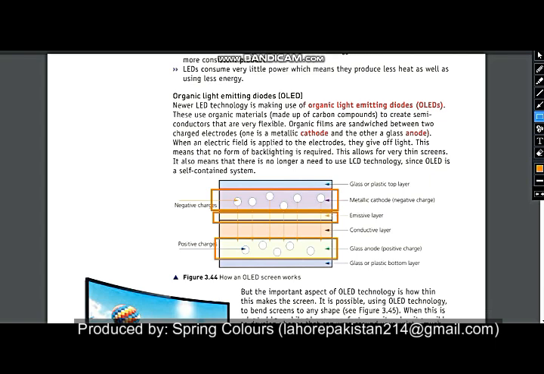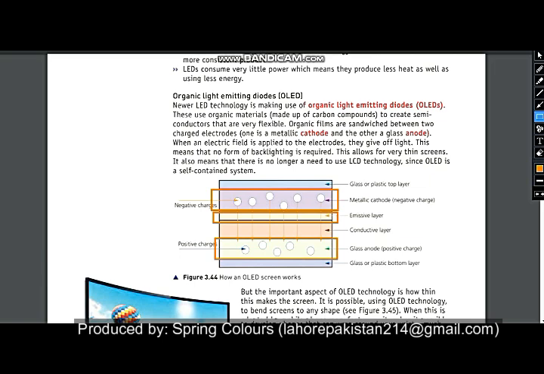OLEDs do not need any backlighting. Then the electrons go back to their initial position, the process continues, and the current keeps on flowing between the two layers, through the central emissive layer, which will produce light of its own.